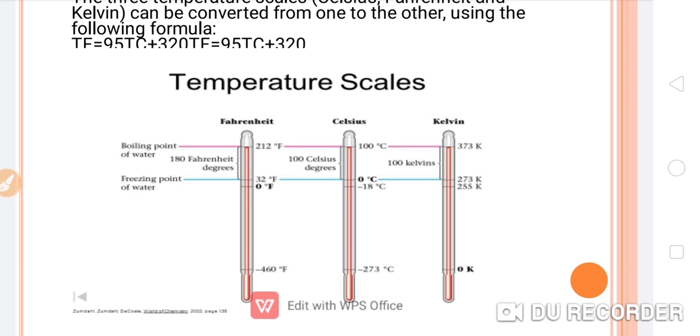The freezing point of water is 32 Fahrenheit, 0 degrees Celsius, and 273 Kelvin.